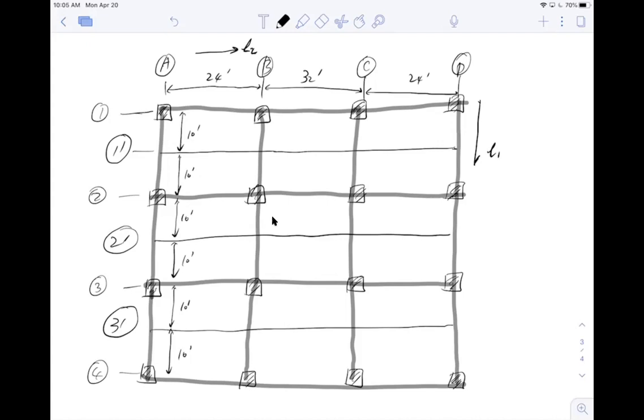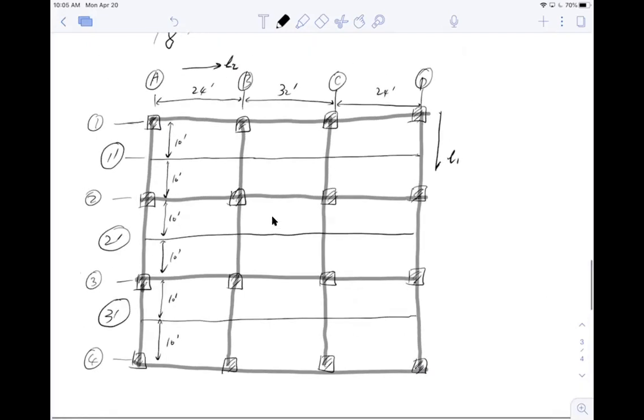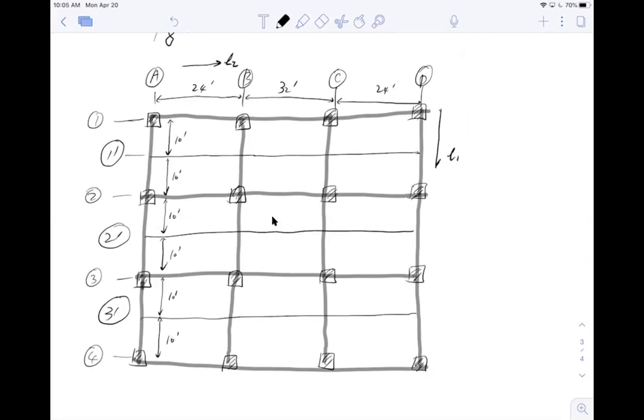Now, the one-way slab definition is that if I assume L1 is the one-way slab direction, then L2 over L1 has to be bigger than or equal to 2. In this context, L2 equals what? 24 feet. This is the minimum span length. And L1 equals 10 feet, and this is the maximum.